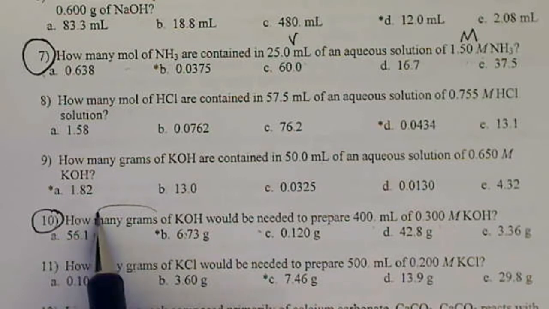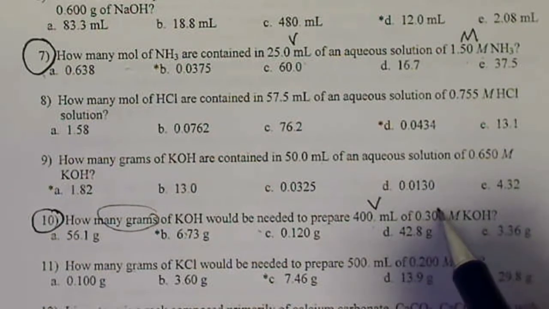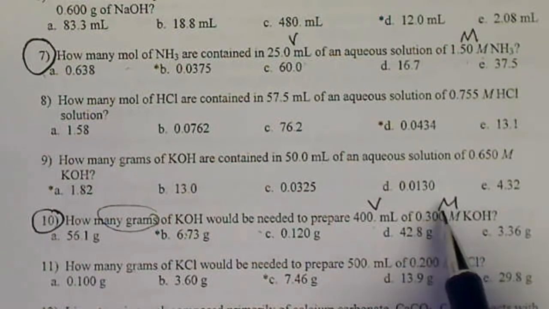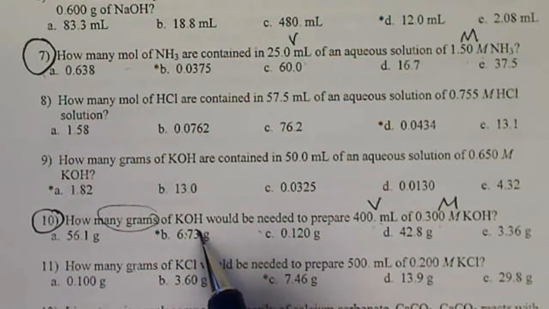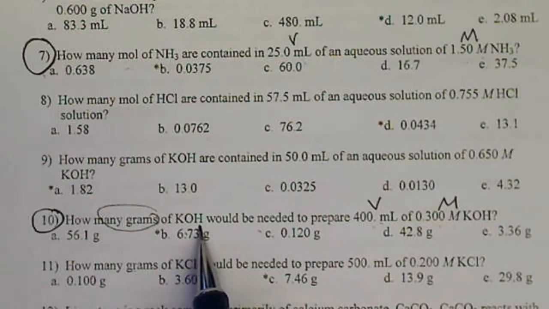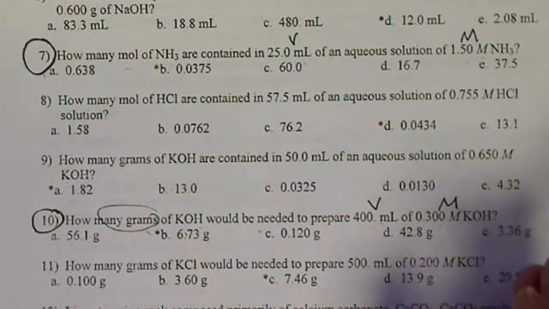So if we're looking for mass, the first thing we're still going to need to do, because we're given a volume and a capital M, we're going to multiply those together to solve for moles of KOH. And once we have moles of KOH, we can get out the periodic table and find the molar mass to convert to grams.